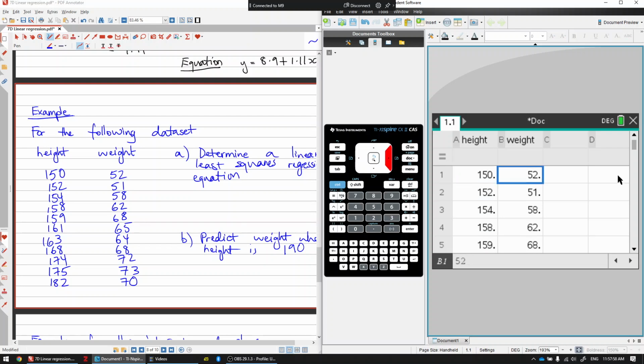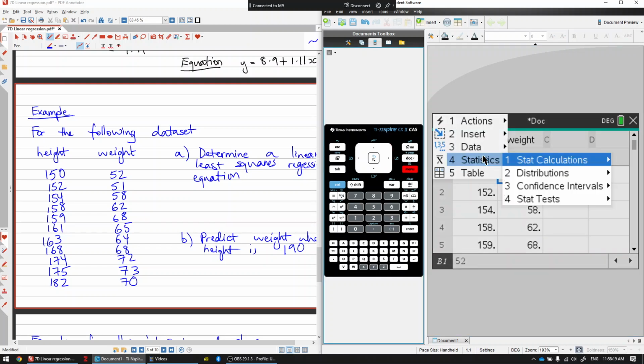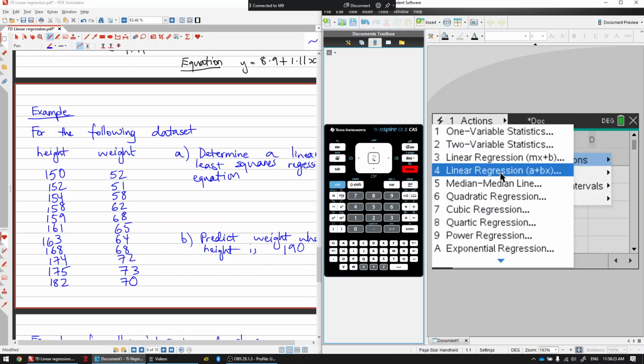All right, just give me a nod once you have all the data in. You don't have to do anything yet with the menus. We have done this many times. So it's menu, statistics, stat calculations, and number 4, linear regression A plus BX.